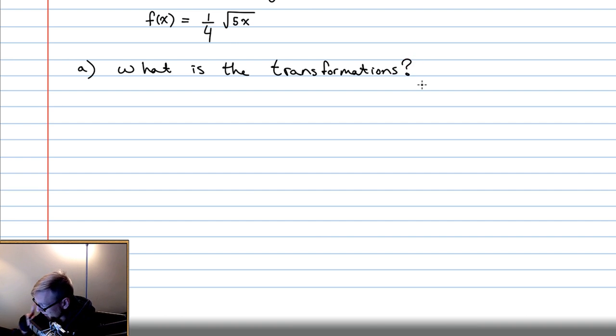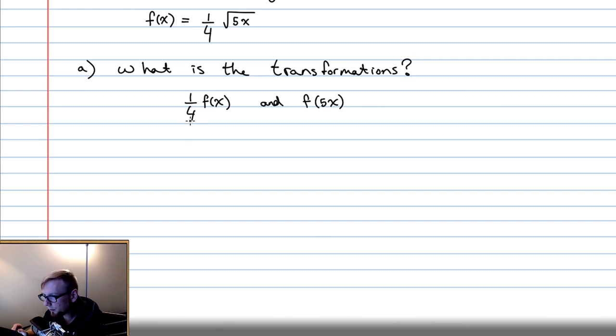Well, we've noticed this part. We've got a 1/4 times our f of x. And we've got f of 5x. What do these do? Well, let's think about it.